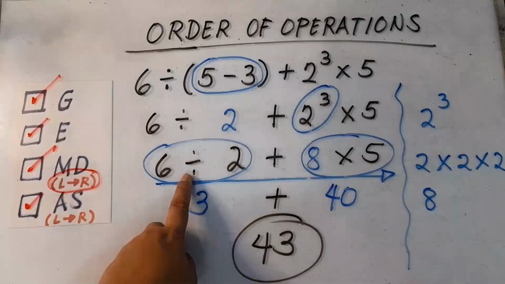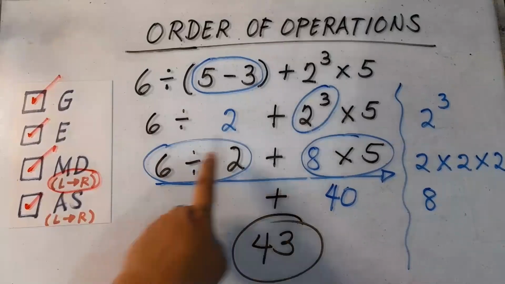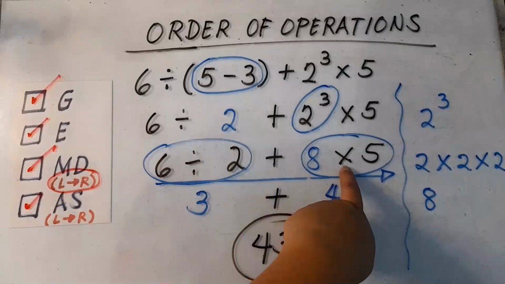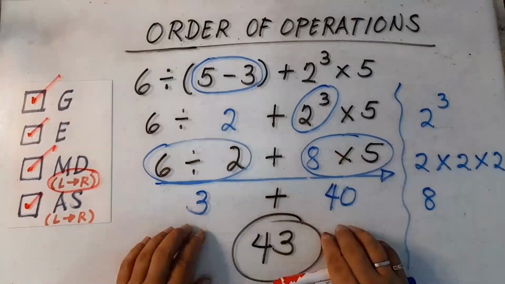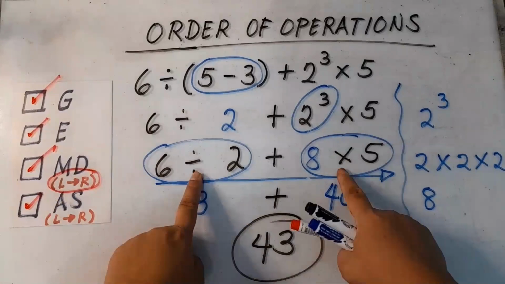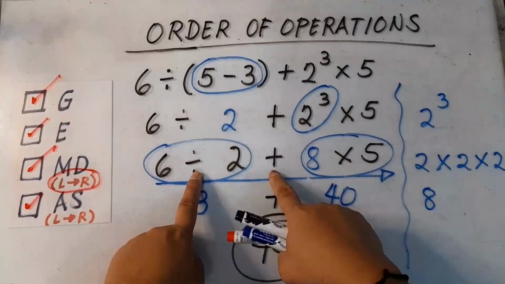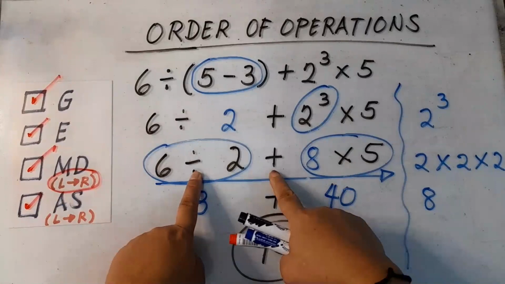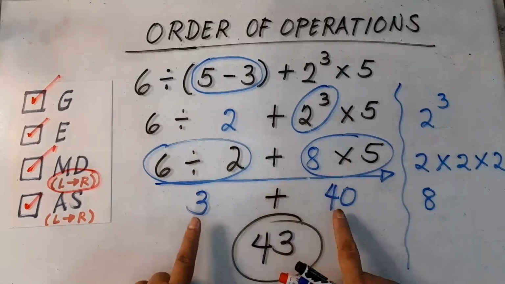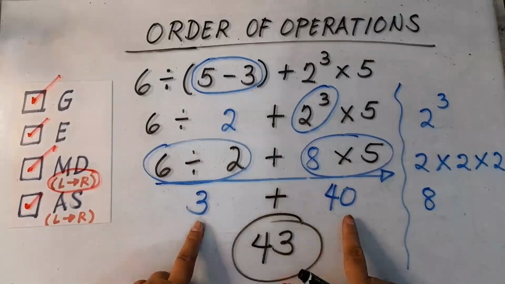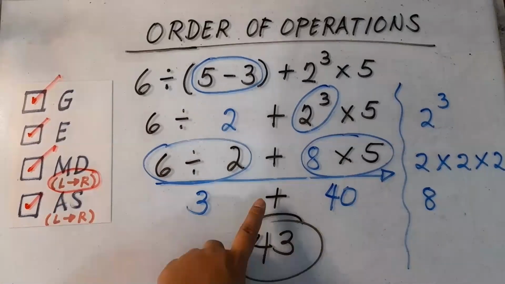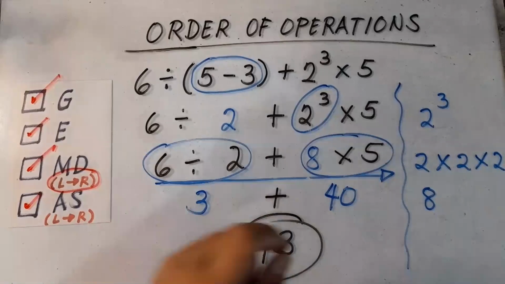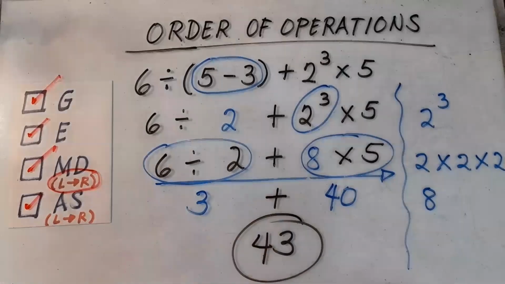And we have division and then multiplication. Bakit nga natin pinagsabay na? Pinagsabay na natin yan kasi hindi naman sila magkasunod talaga. Kasi meron pang addition na nakapagitna. Okay? So, we have 3 plus 40. And then, lastly, we perform the least priority, yung addition. 3 plus 40 is 43.